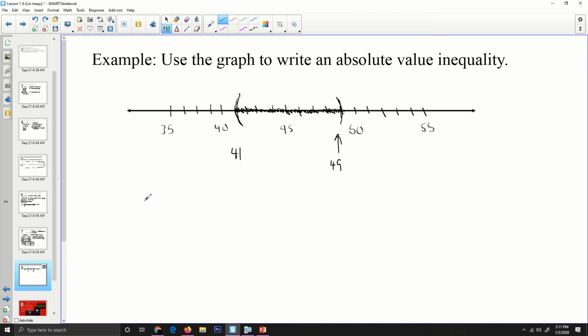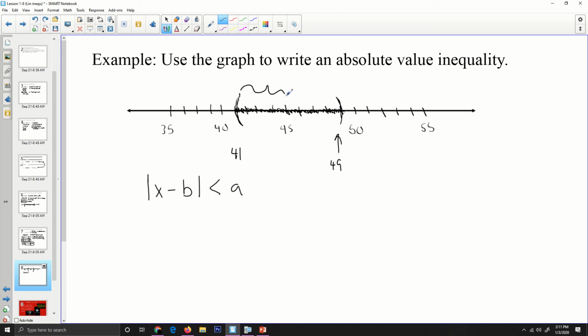We clearly know that it's going to be some value, the absolute value of x minus b, less than a. When you think about it in those terms, this says that the distance from b to x is less than a units away.